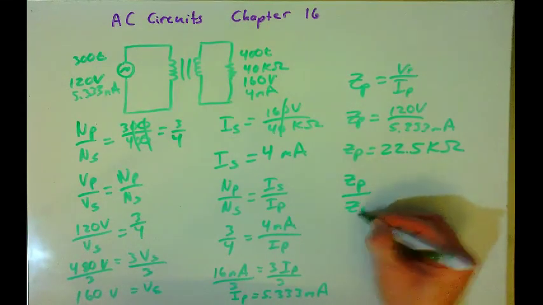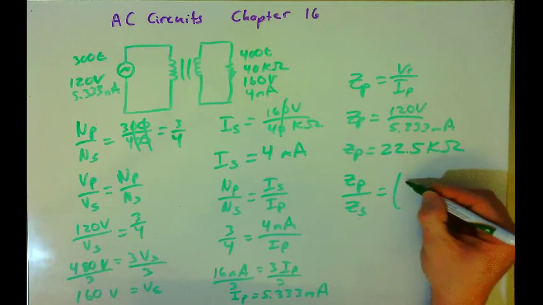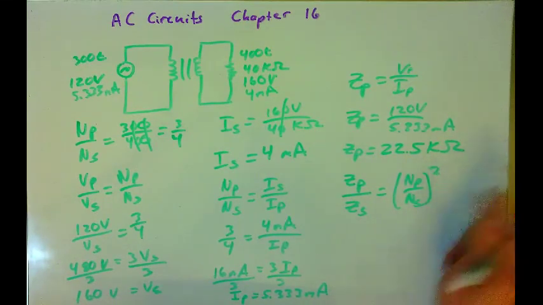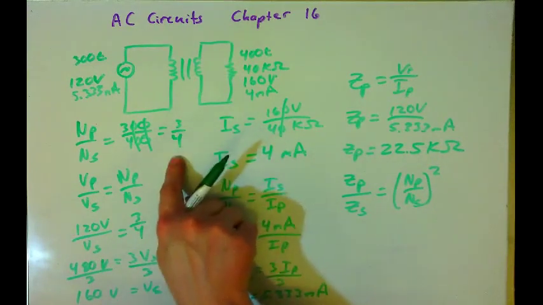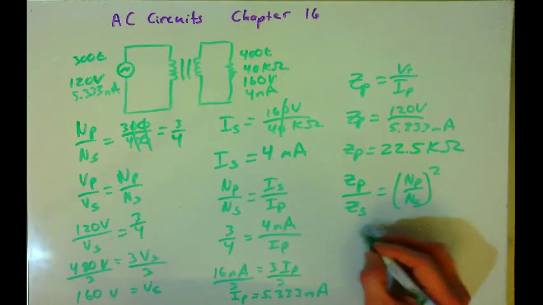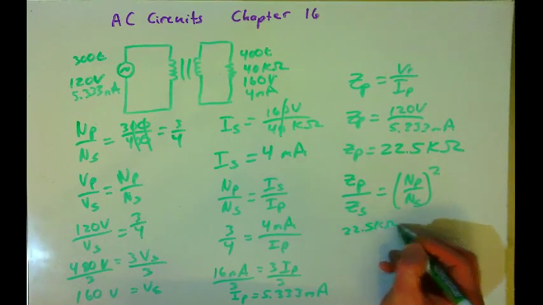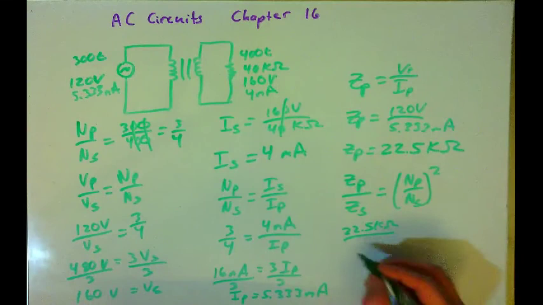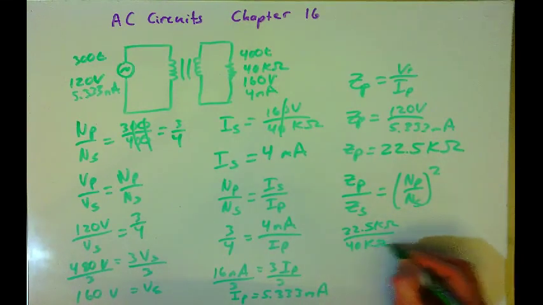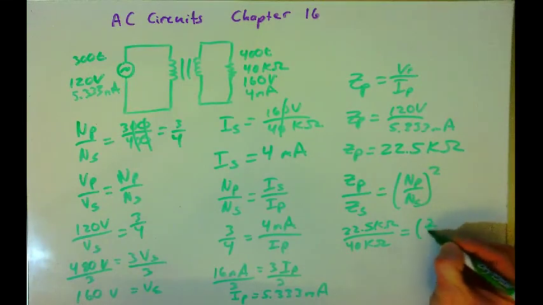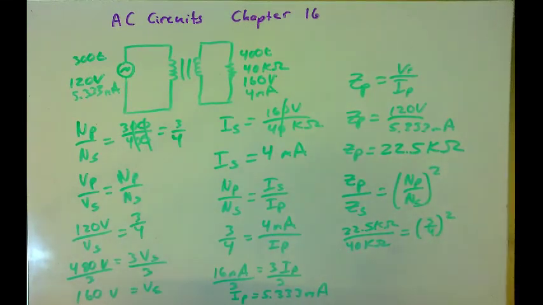The impedance ratio should be equal to the square of the turns ratio. Turns ratio again is 3/4. So the primary impedance is 22.5 kilo ohms. Secondary is 40 kilo ohms. This should be equal to the turns ratio 3/4 squared.